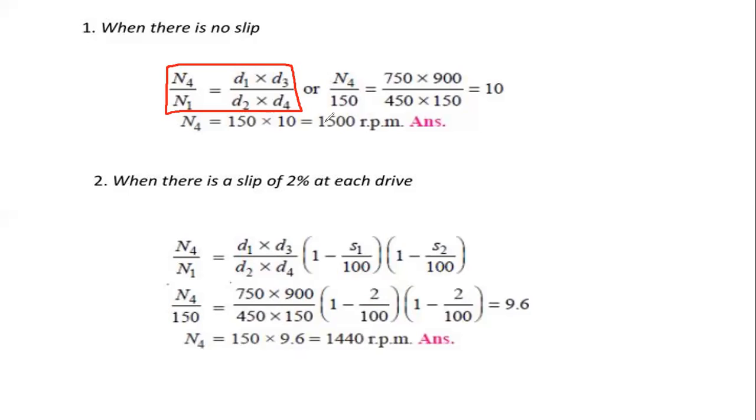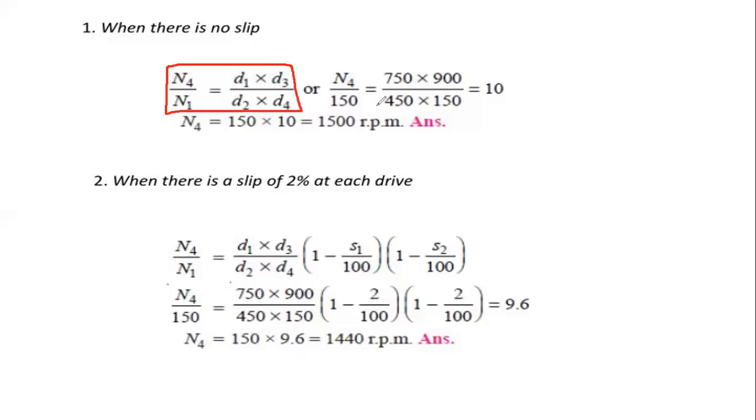We have N1, but N4 is not given, so N4 is the unknown.